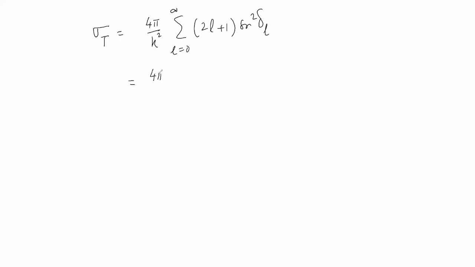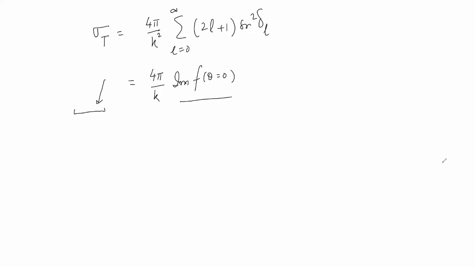That means I can write this as 4 pi by k times imaginary f(theta). And this is what I told you at the start, that the optical theorem relates the imaginary part of the forward scattering amplitude to the total scattering cross section.